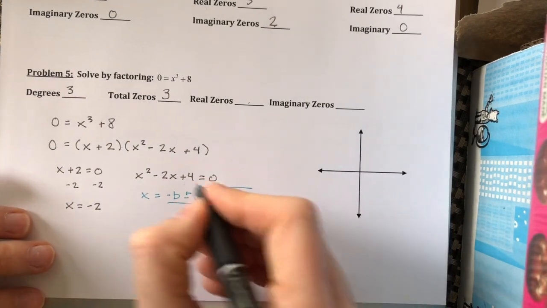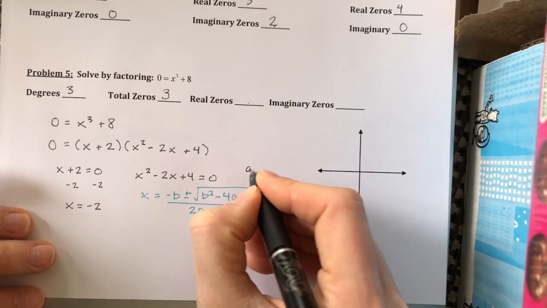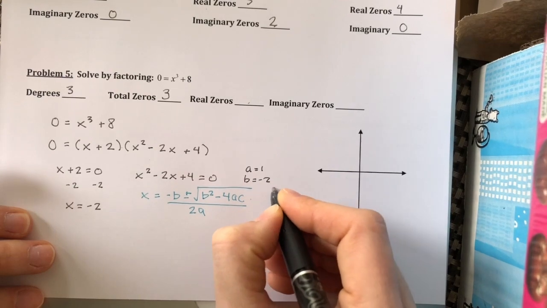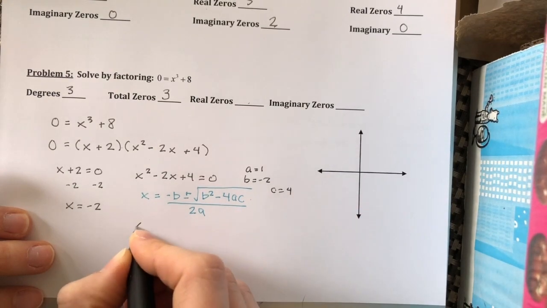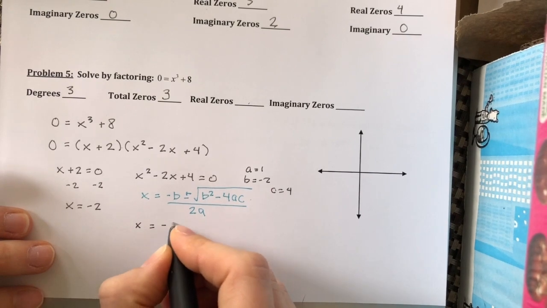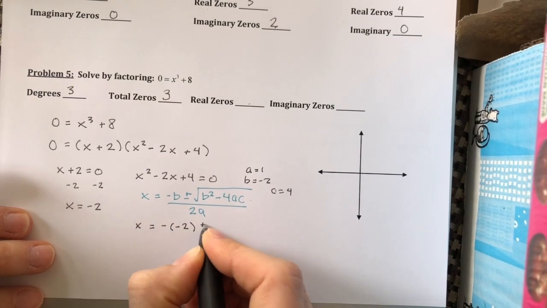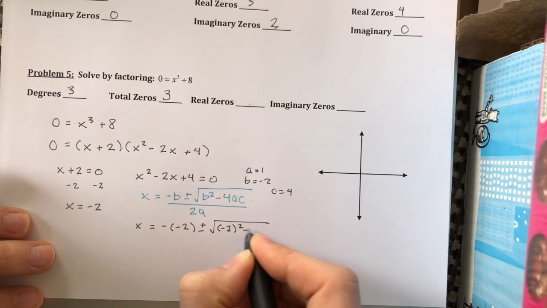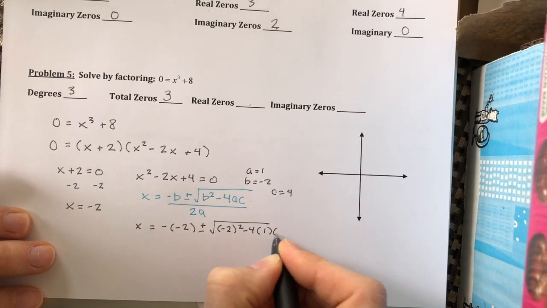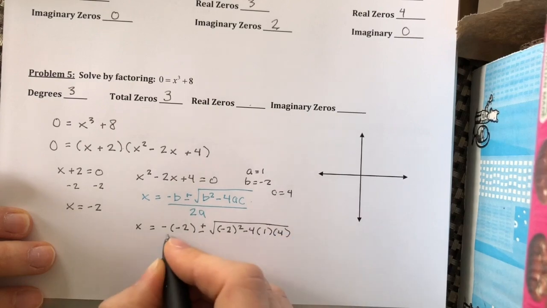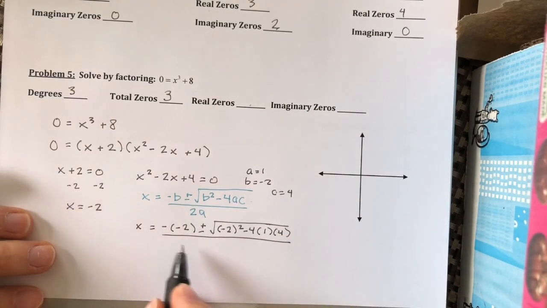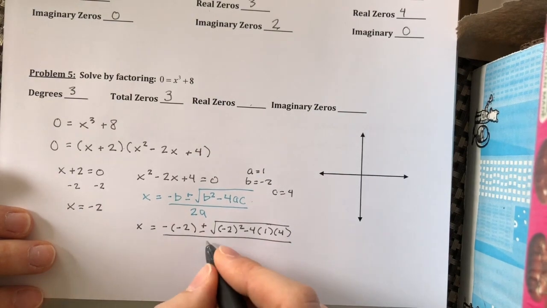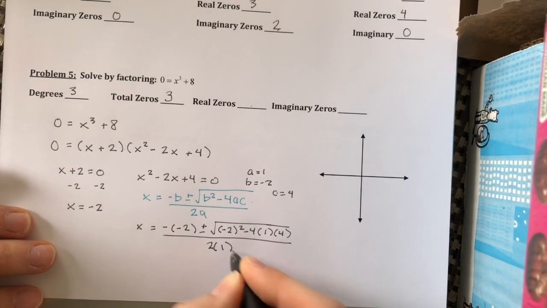Remember that a is 1, b is -2, and c is 4. So when I fill in my formula, -(-2) plus or minus the square root of (-2) squared minus 4 times 1 times 4, and this is a mistake I see a little too often, everything needs to be in the fraction, all over 2 times 1.